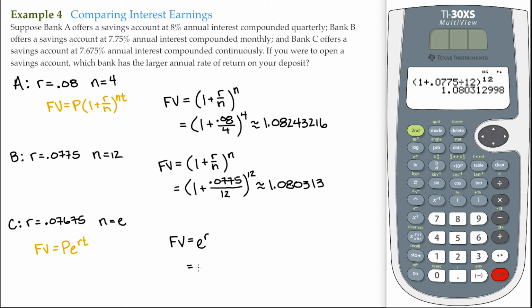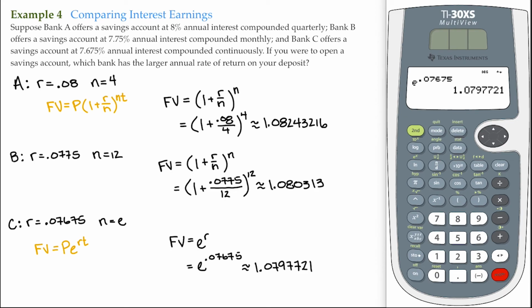So this is going to be e to the 0.07675 power. So in our calculator, there's our e. Go to second e and type in 0.07675 and hit enter. 1.0797721.